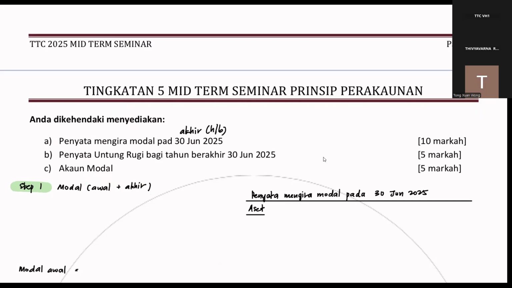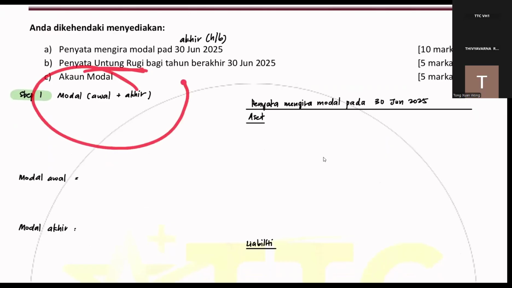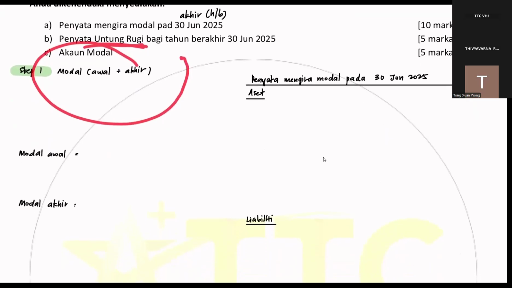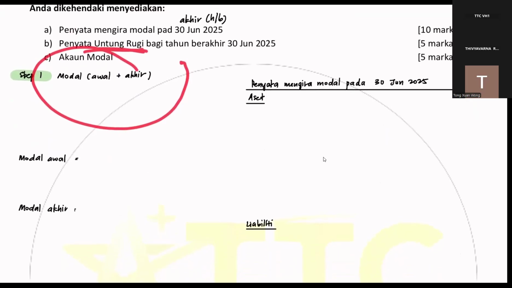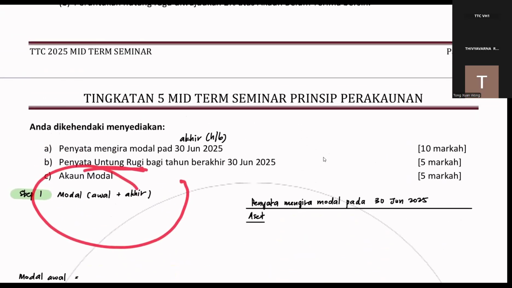Then you can prepare pernyataan untung rugi, using your EP item to calculate your untung or rugi bersih. So you just need to stick to these steps. Find out both modal awal and modal akhir. Then you can work on the next step. So bear in mind, you still need to calculate both modal awal and modal akhir.